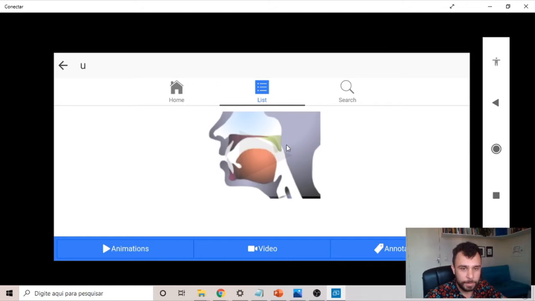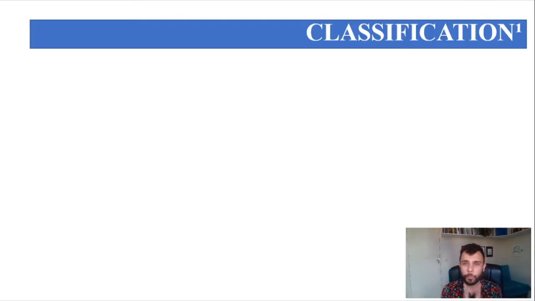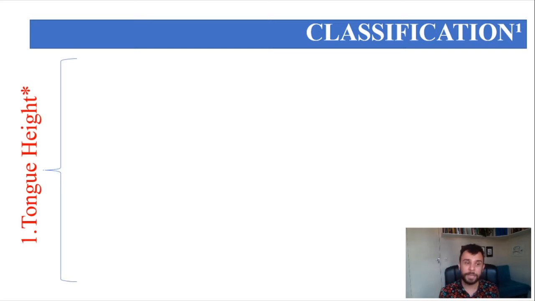So basically, there are 3 ways to classify vowels, to differ one vowel from another. First, we'll take a look at the tongue height. If the tongue is high or low, this is the vertical axis. This is the vertical part of the analysis.